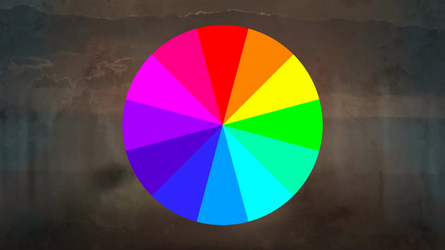So when people talk about the pentatonic scale, they're normally talking about the major pentatonic scale or one of its modes. So let's start with a tone wheel that has all the semitones laid out in a circle. And the major pentatonic scale is the root note, the major second, the major third, the fifth, and the major sixth.